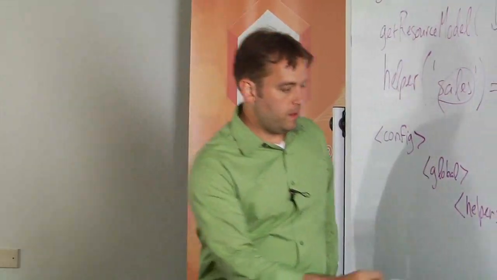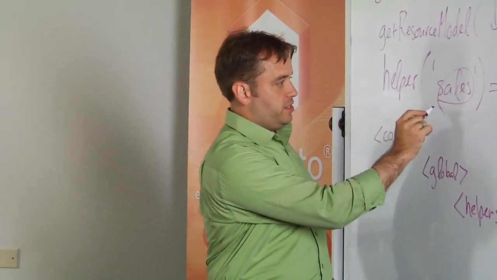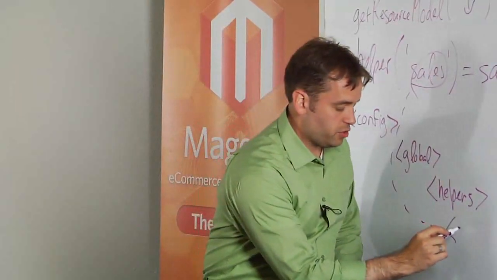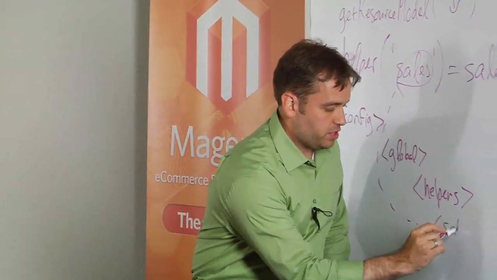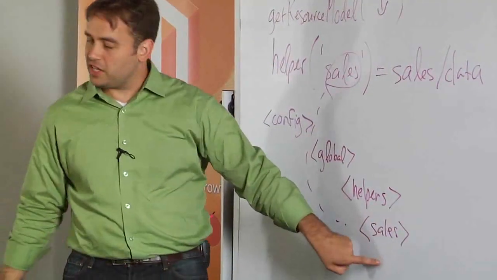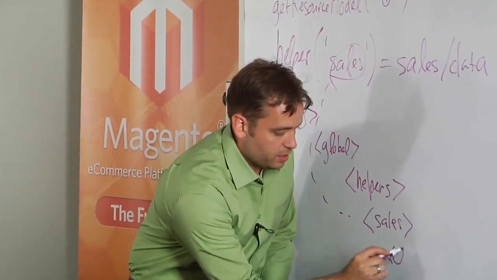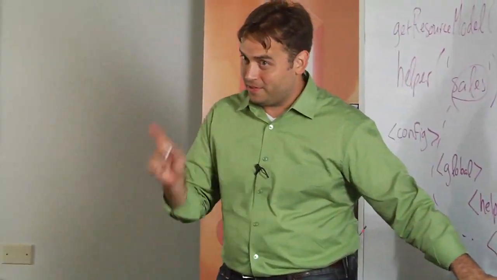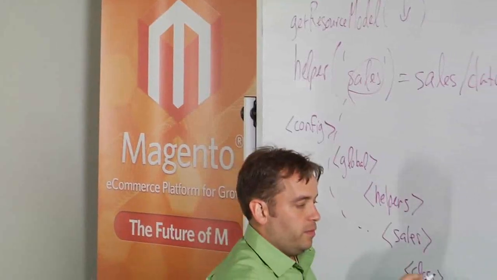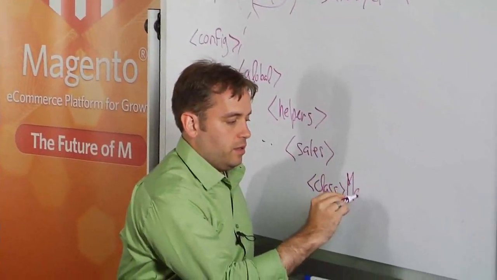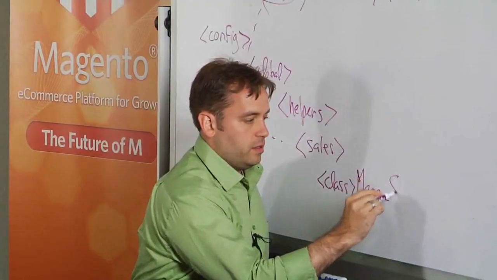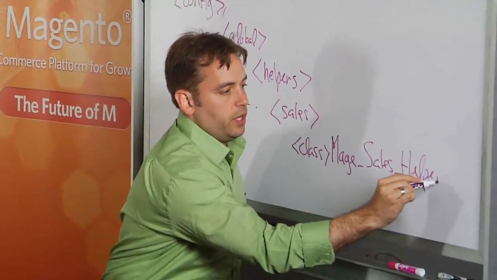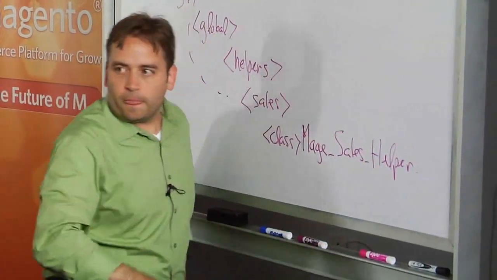Hopefully in our configuration structure we will have sales, and then inside sales we look for class. And in that class node is where we would specify Mage sales helper. That's the connection. All right?